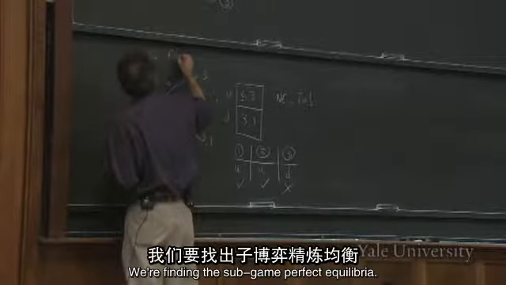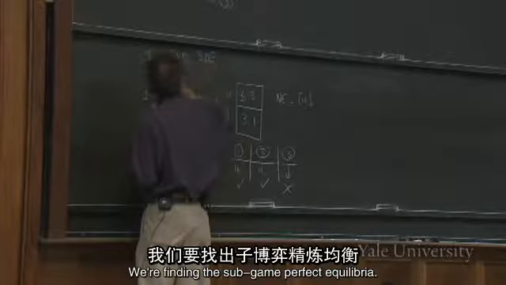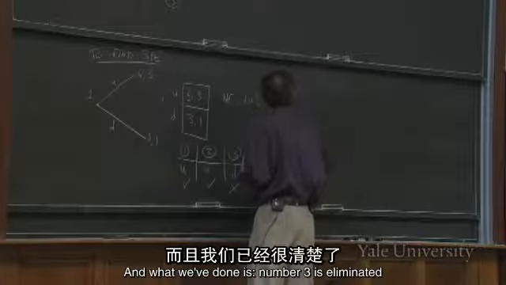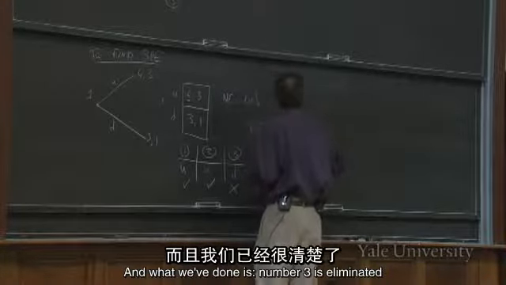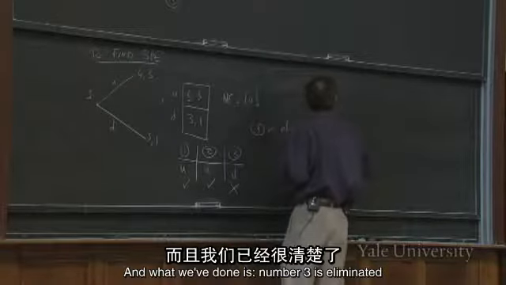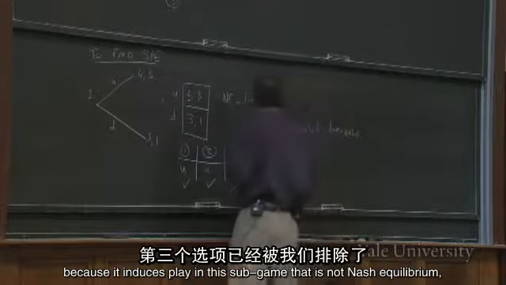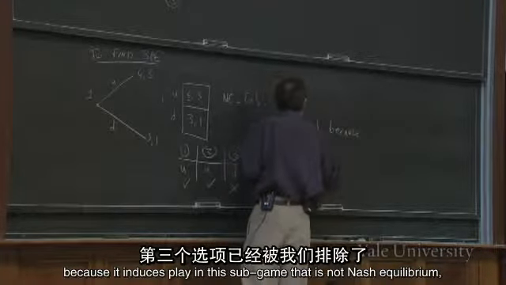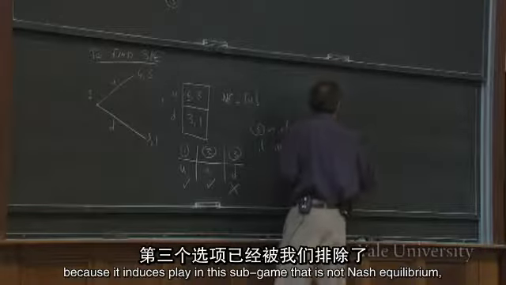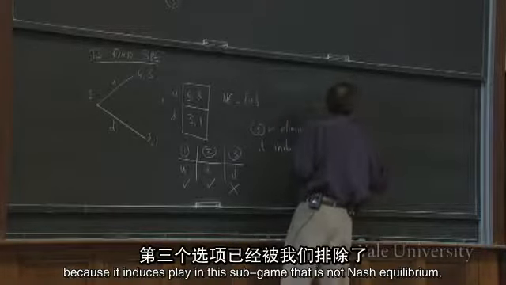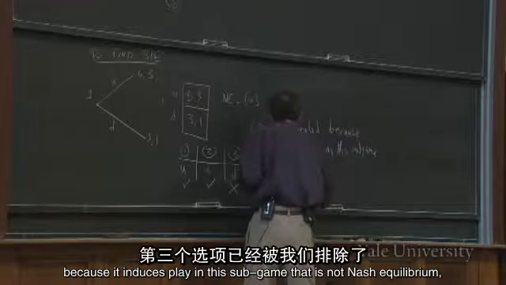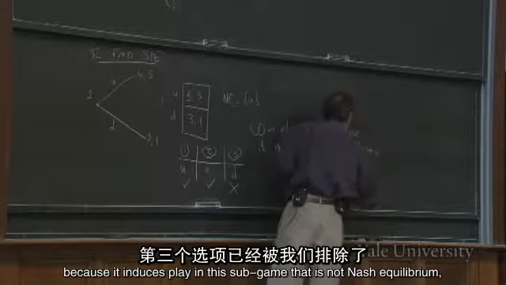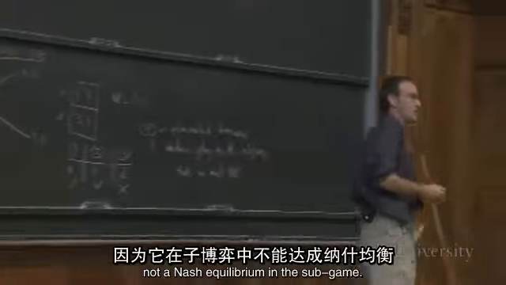We're finding the subgame perfect equilibria, and what we've done is, number 3 is eliminated because it induces play in this subgame that is not a Nash equilibrium in the subgame.